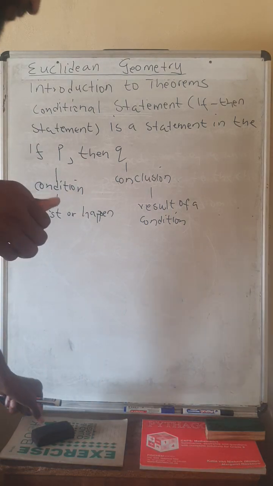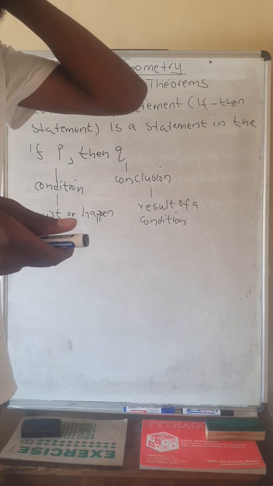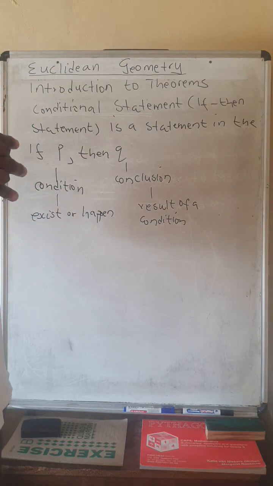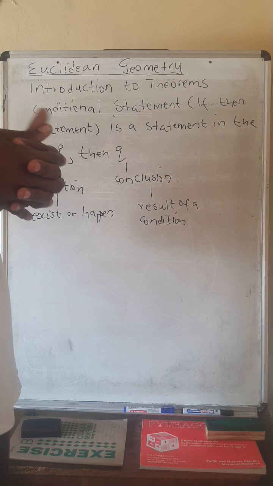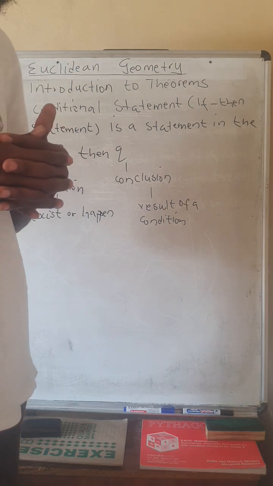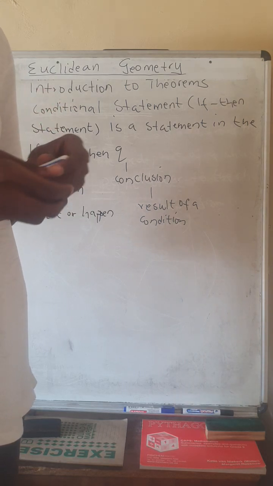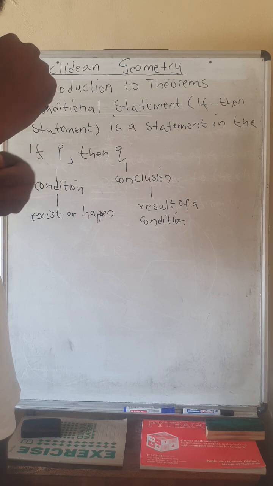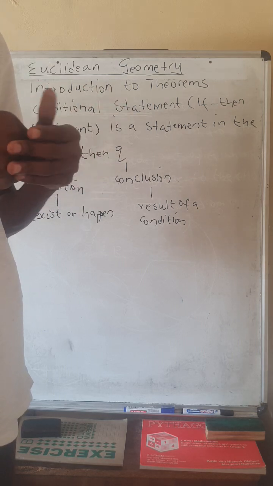Before I go any further, I would like to give you certain examples. You are already familiar with what a conditional statement is. In life, there are things that we do hoping that something will happen as a result, and those are conditional. We study hard hoping that we will pass a test.